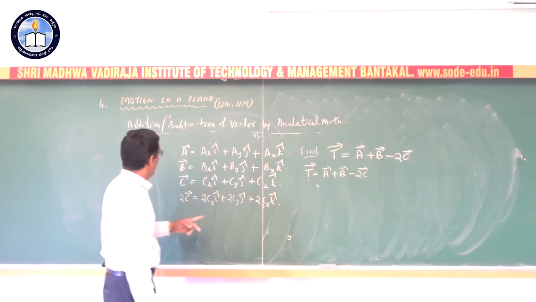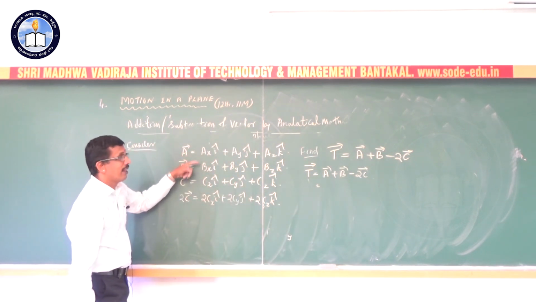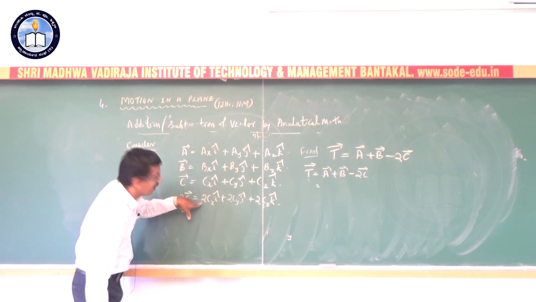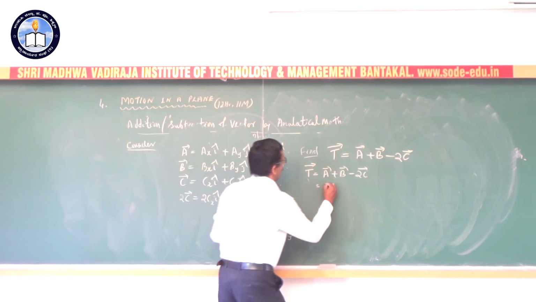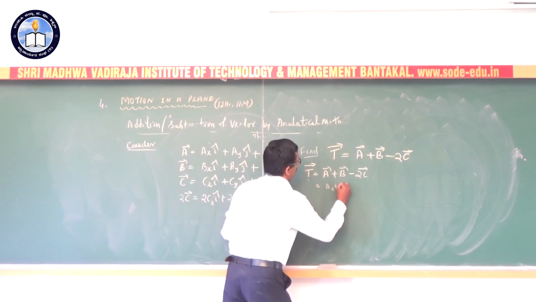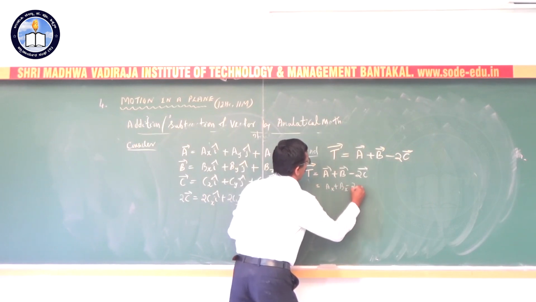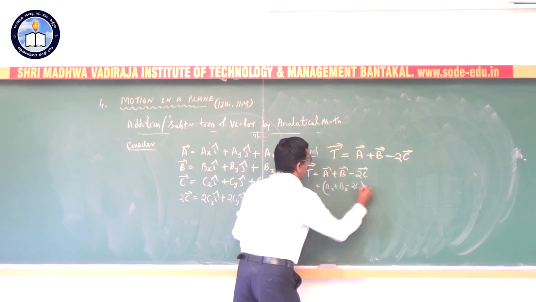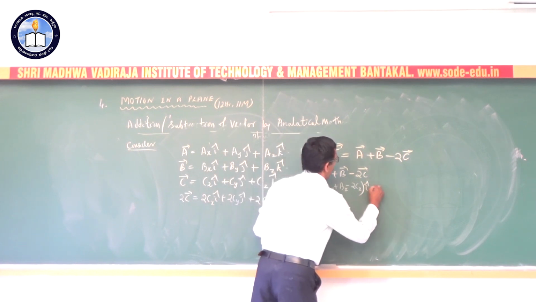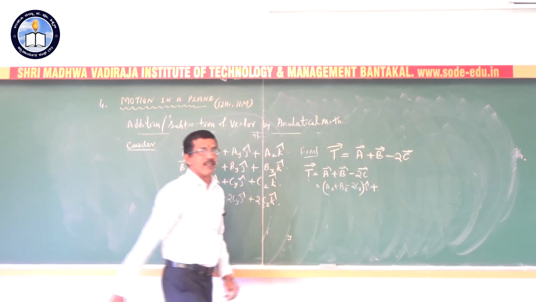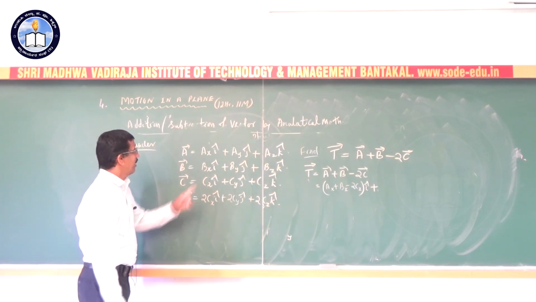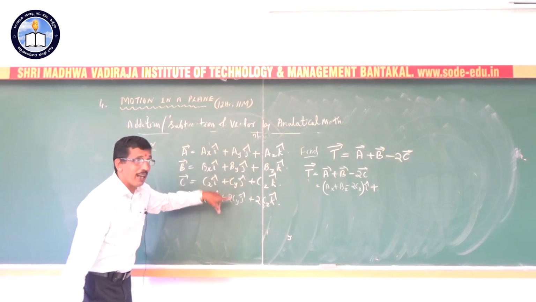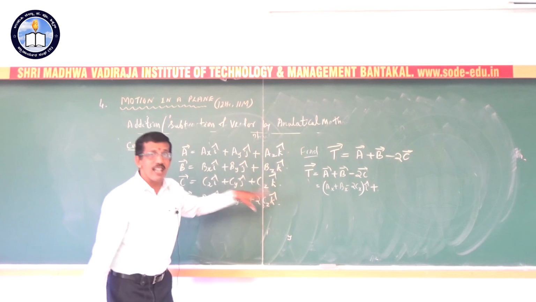First add the x components of A and B and subtract that of 2C, like this: ax plus bx minus 2cx into i cap, plus, similarly do for the y component and repeat for the z component.